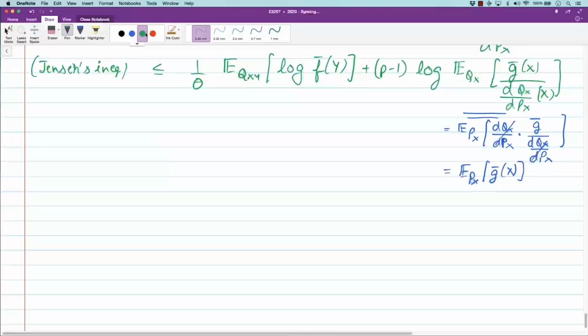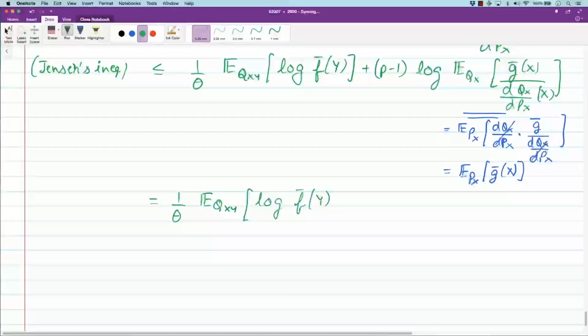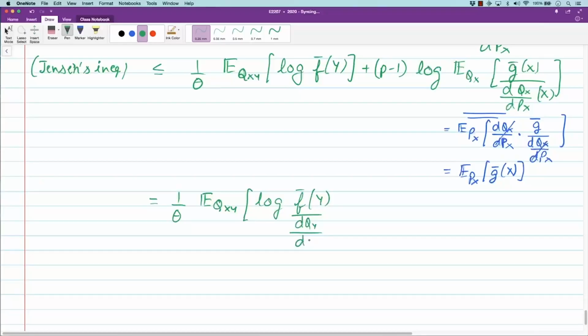So this is exactly equal to 1 by theta expected value over qxy of log f bar y. And just like this calculation, we can again multiply and divide by d qy by d py, the Radon-Nikodym derivative for qy with respect to py, the likelihood ratio. We can do that.